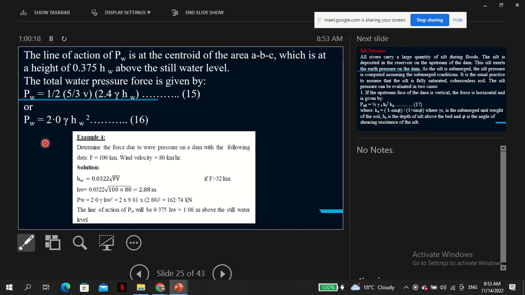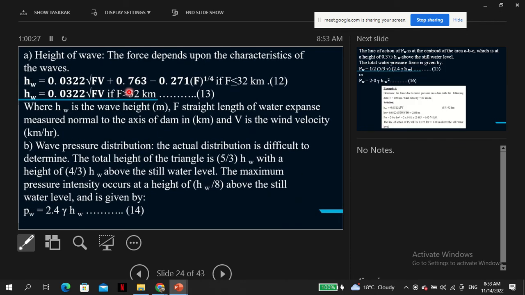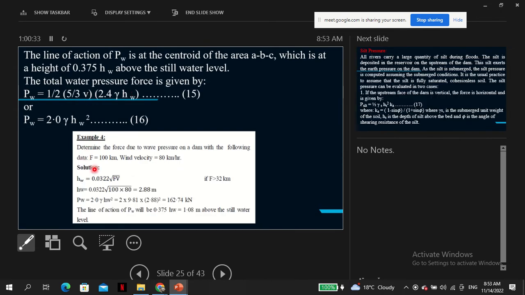I think something is not right. Is that V? 5/3. Okay, maybe it's correct. 2.4. Yeah, so that V maybe is not there, I think, because this is gamma.